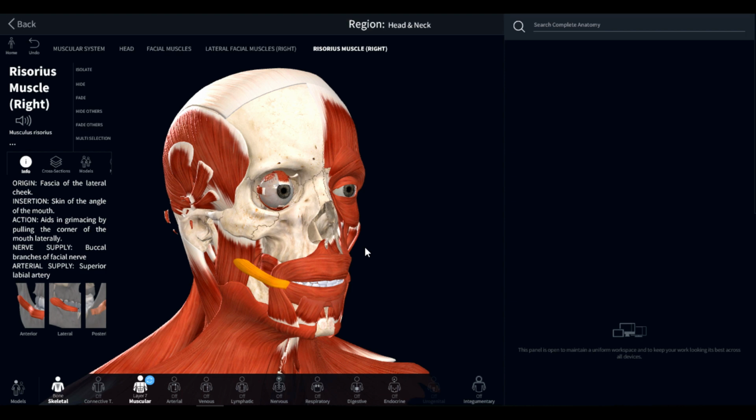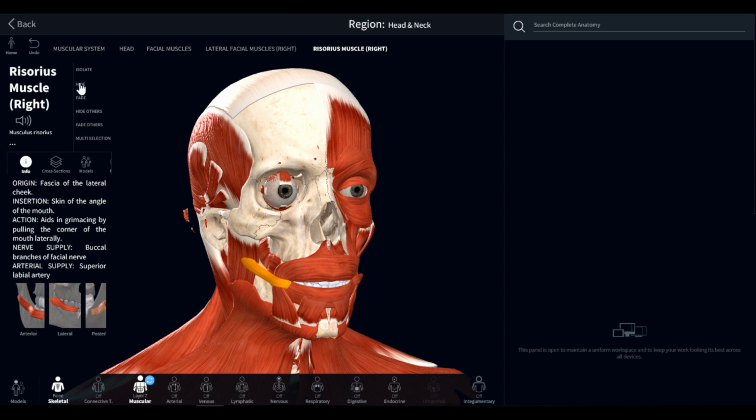Now, the risorius muscle is involved in facial expressions such as smiling, because the risorius muscle pulls back the orbicularis oris muscle, which we see here. These are the muscles that make up the upper and the lower lip. So the risorius muscle pulls back the orbicularis oris muscle in order to convey smiling.